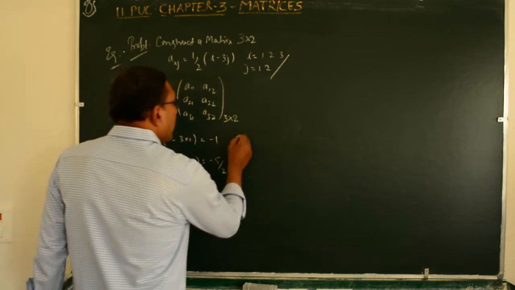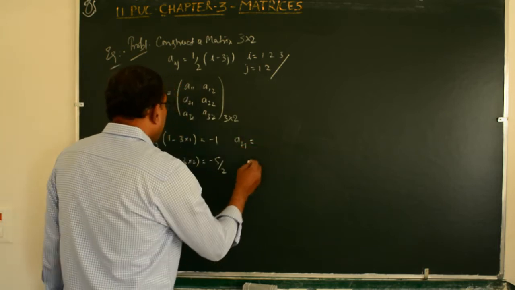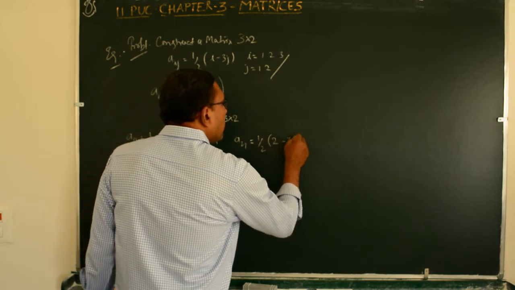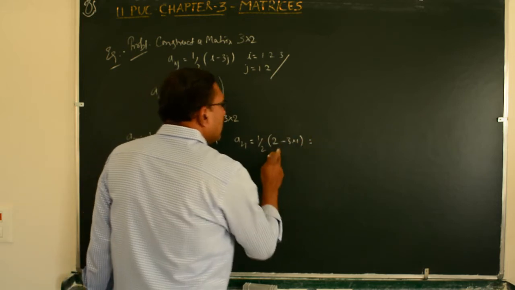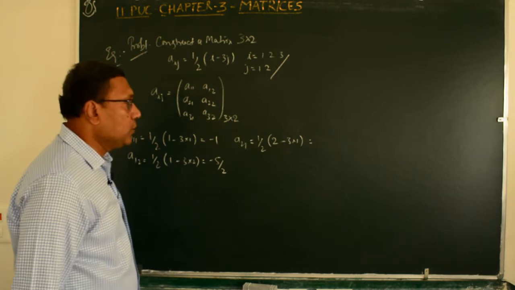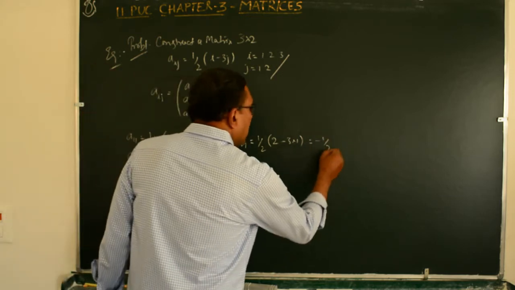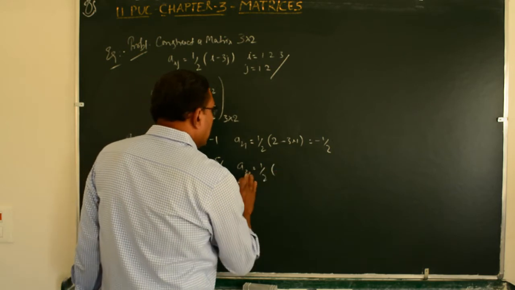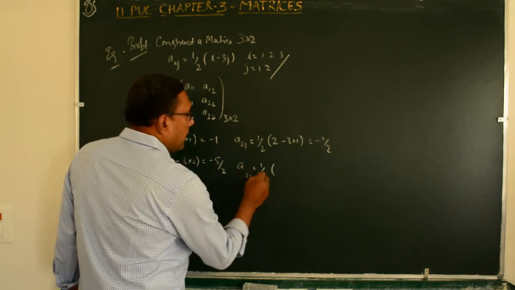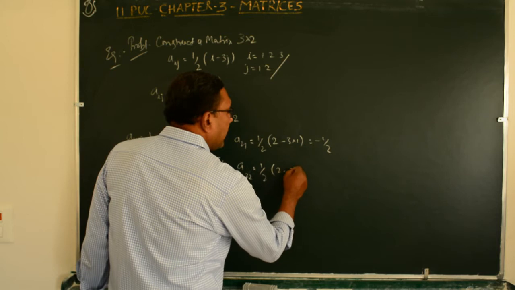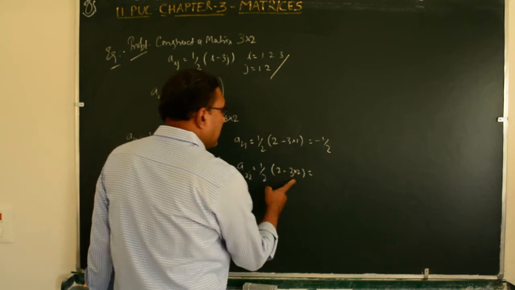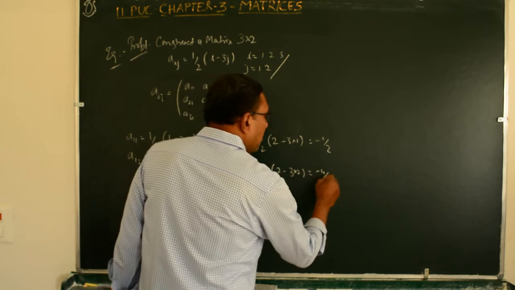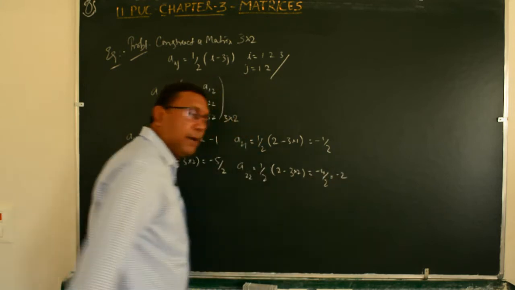Similarly, the A21 element is half of 2 minus 3 into 1, which is 3; 2 minus 3 is minus 1, so minus half. And A22 is half of 2 minus 3 into 2, which is 6; 2 minus 6 is minus 4, minus 4 by 2, which is minus 2.